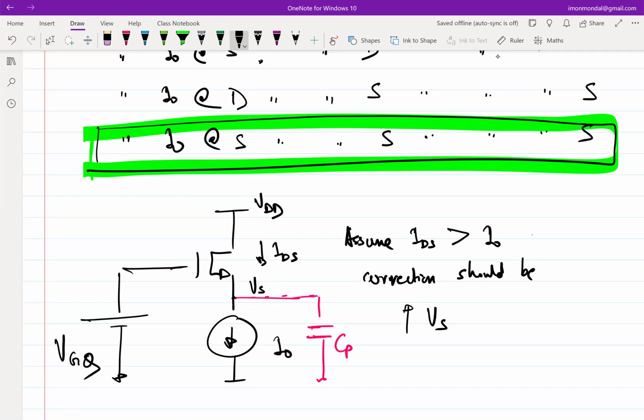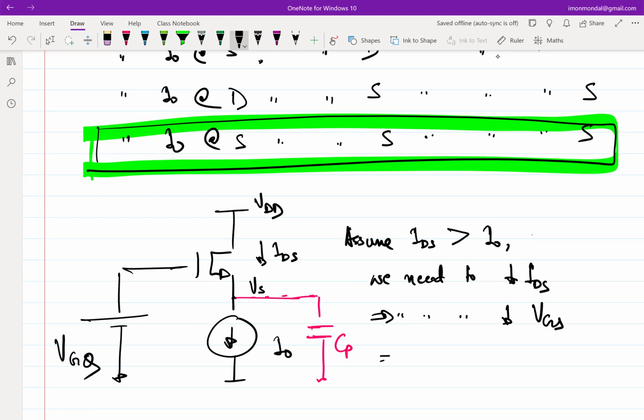If I break it down further, this means that if IDS is greater than I naught, we need to decrease IDS, which means we need to decrease VGS, which means we need to increase Vs, because the gate we are not touching, right?